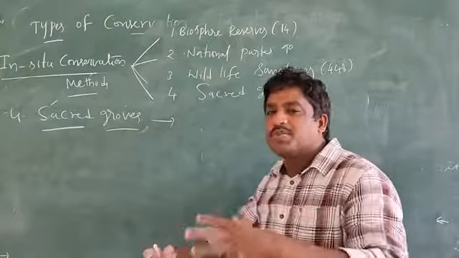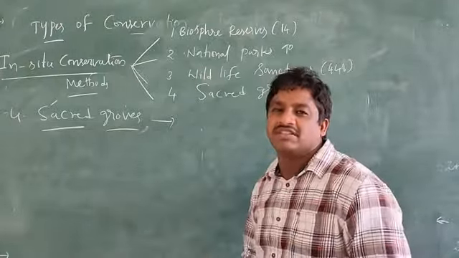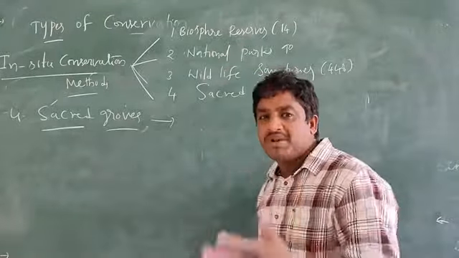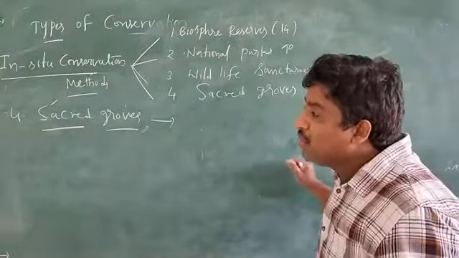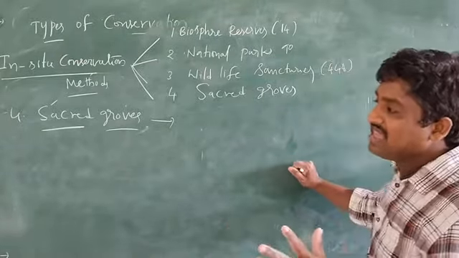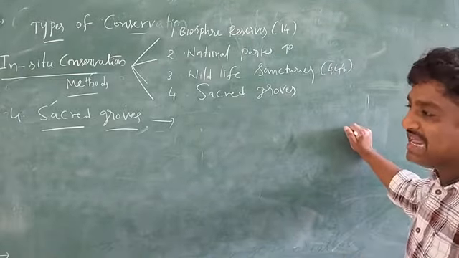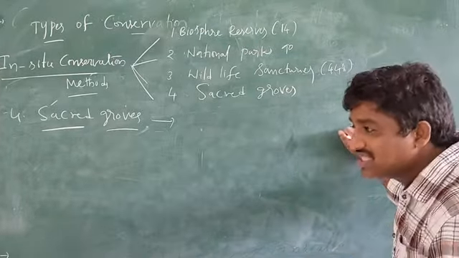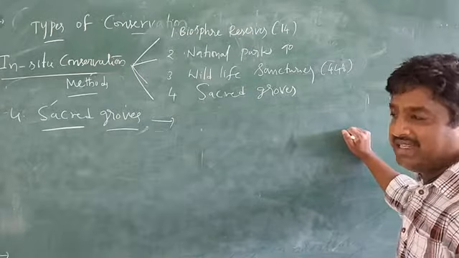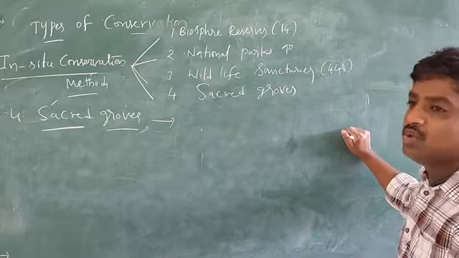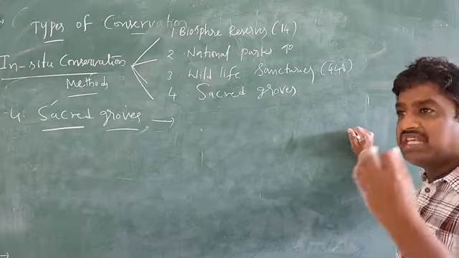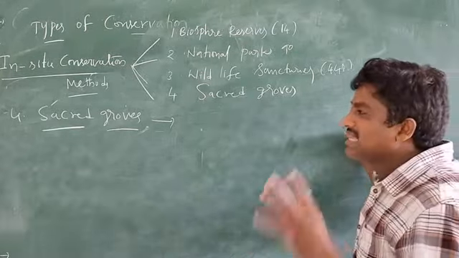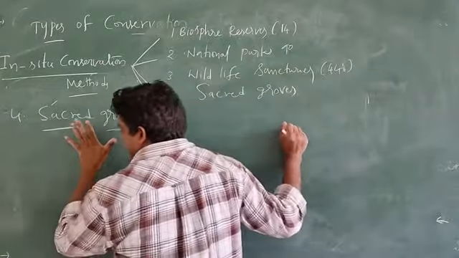They maintain special religious practices for their particular culture. Such plant species are venerated, that means they give respect, and those people also protect such trees. Such groves we call sacred groves.